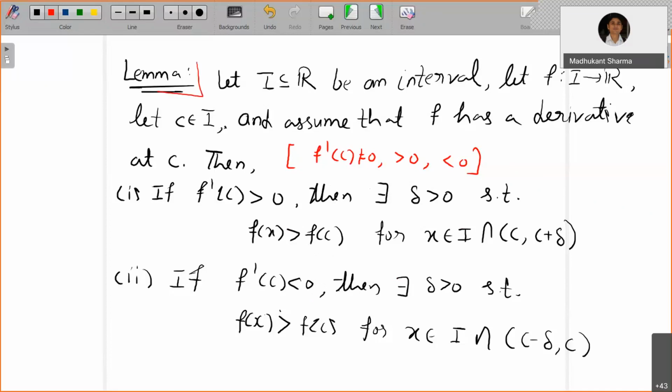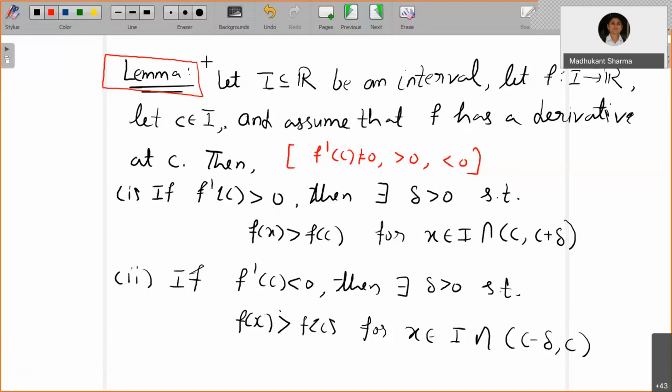There is a difference between calling something a lemma, a proposition, and a theorem. A lemma is always designed to establish some important result, and the important result here is the intermediate property of derivatives.